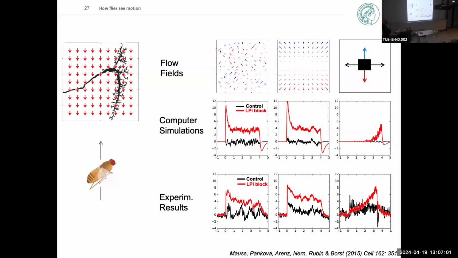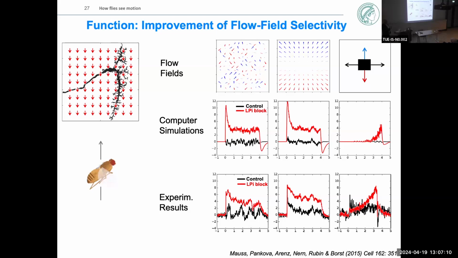And so the hypothesis was that the function of these inhibitory interneurons is to improve the flow field selectivity of the tangential cells. That's the function of these cells. And without them, they become very unselective.